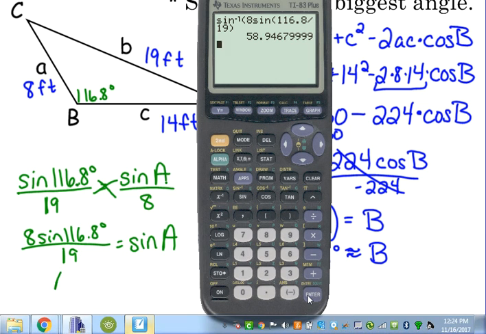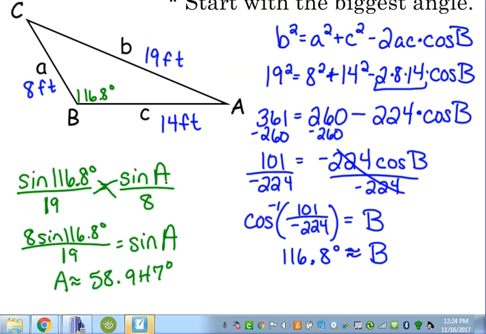We get angle A is approximately 58.947 degrees. 180 minus that, minus 116.8 leaves us with a really tiny little angle, 4.253.